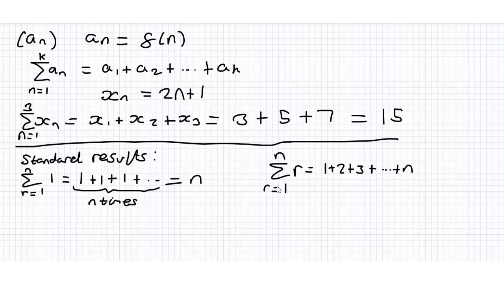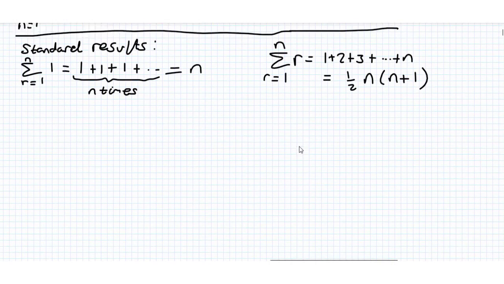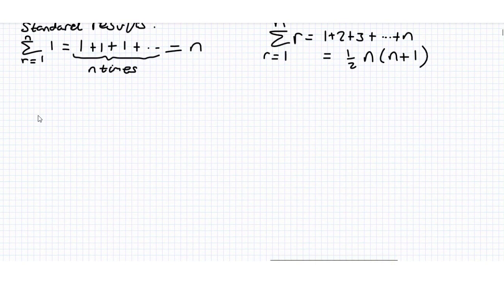Because r just takes whatever value this sum is. So r is going from 1 up to n by increments of 1, so that's just 1, 2, 3, 4, and so on. And this is equal to 1/2 n multiplied by n plus 1. So it's important to remember these two results.